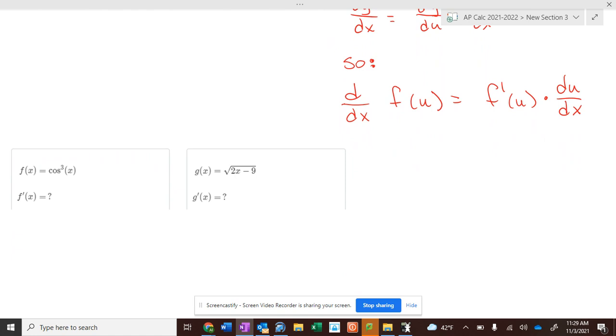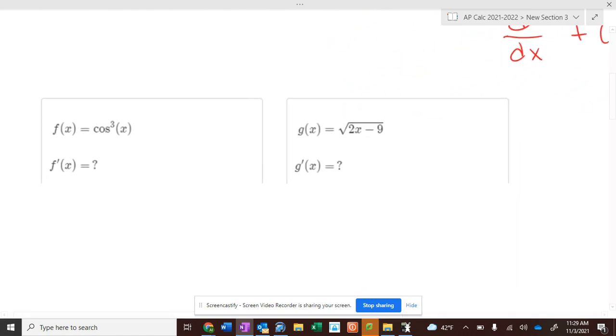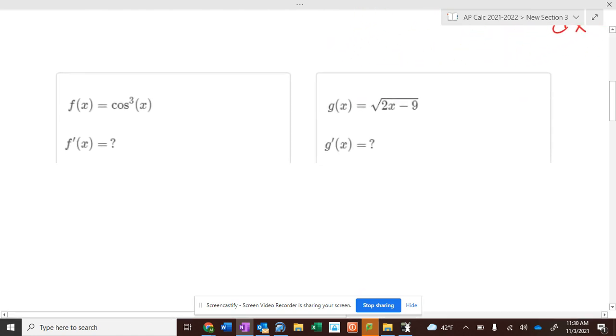Well, some of you were writing it, some of you weren't, so that's fine. All right, so the cosine cubed of x. No, we're not even going there. All right. So what this is, is the cosine of x to the third power.